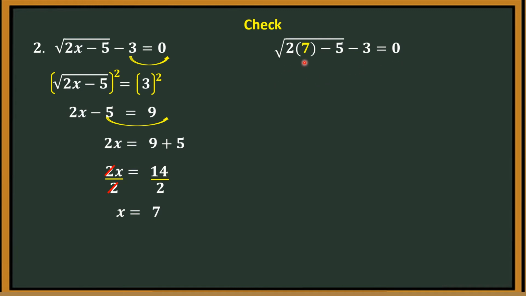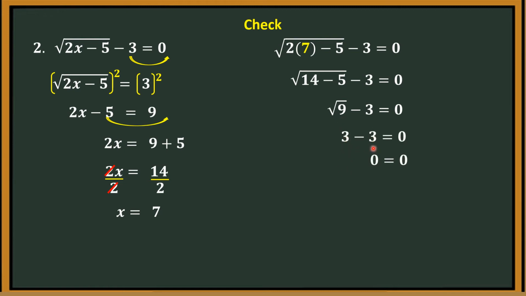Then, multiply 2 and 7, that is equal to 14 minus 5, minus 3 is equal to 0. 14 minus 5, that is 9. So, square root of 9 minus 3 is equal to 0. Square root of 9, 9 is a perfect square, and the square root of 9 is 3. So, 3 minus 3, that is equal to 0. That is correct.